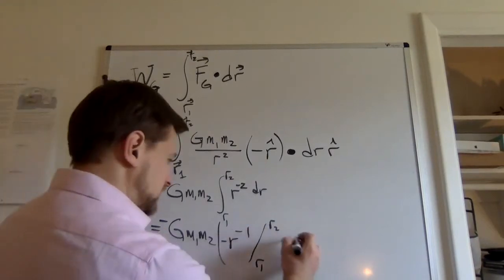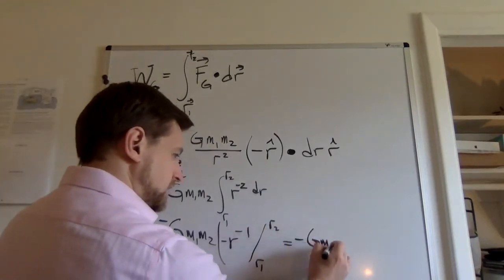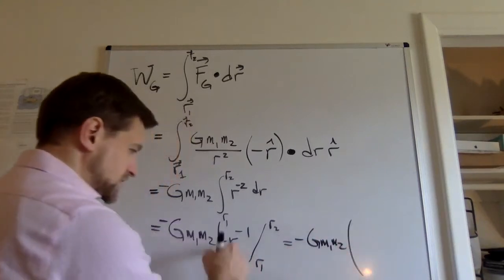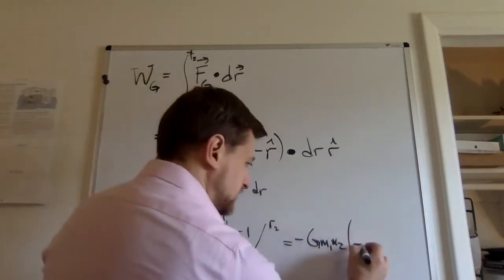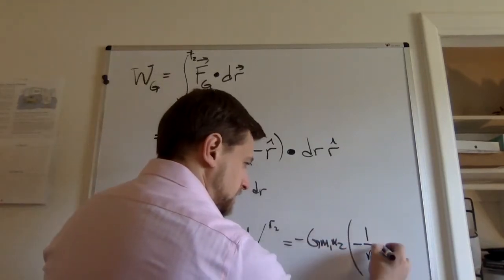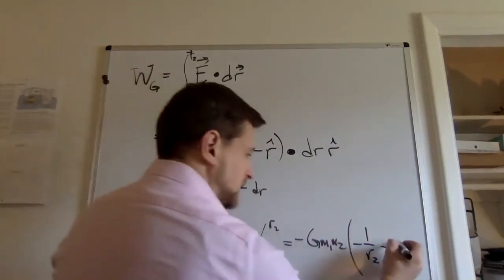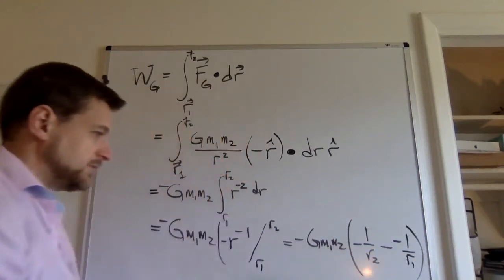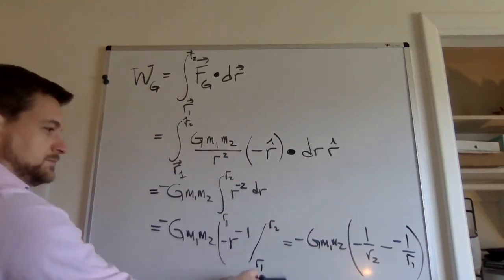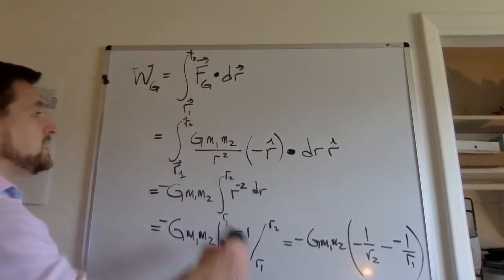We've got negative G m1 m2 times negative r2 to the negative 1 minus negative r1 to the negative 1. Okay.